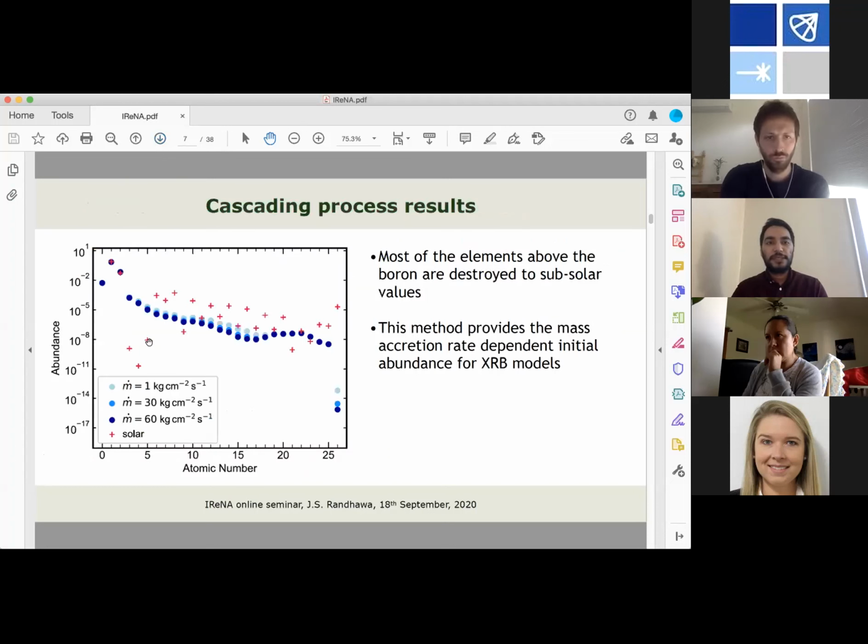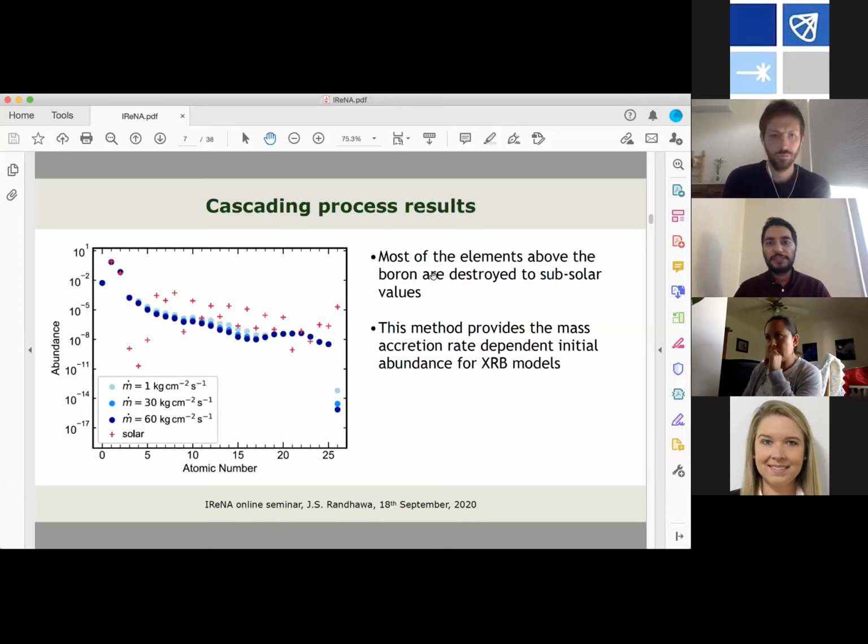These are our results from the cascading processes for different mass accretion rates. The red crosses that you see are the solar abundances, and the different color dots are the abundances that we get after the spallation, before it settles down to the layers where it's conducive to burn the hydrogen and helium.